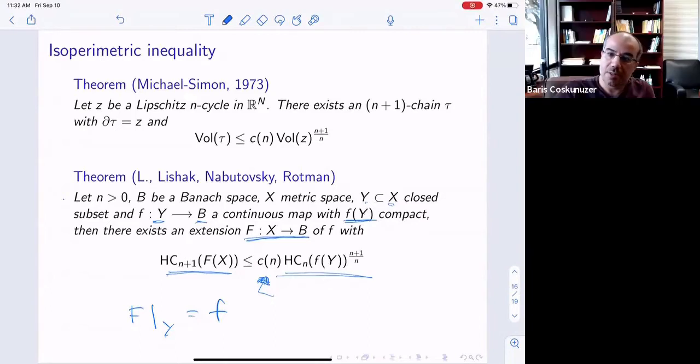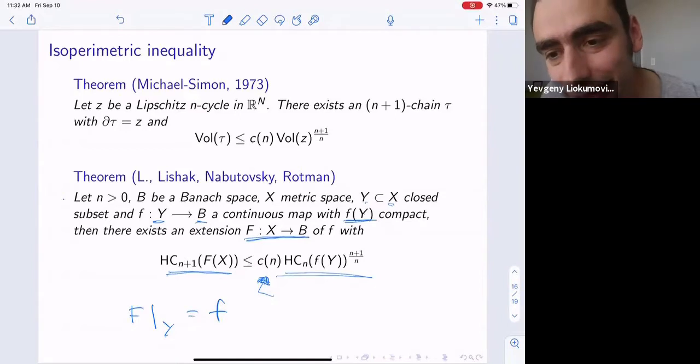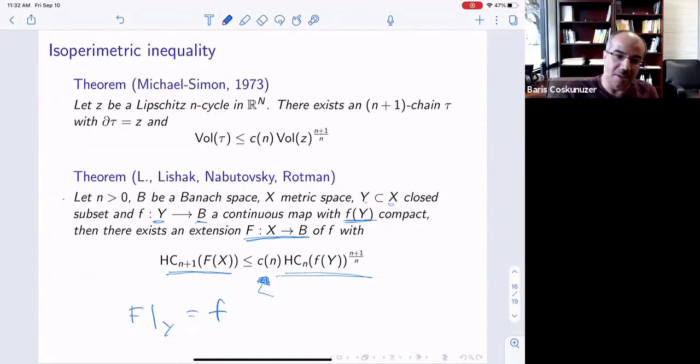Okay, can I ask questions now? Anybody? One of the main reasons we are very interested in this result is its relation with the Gromov filling radius.